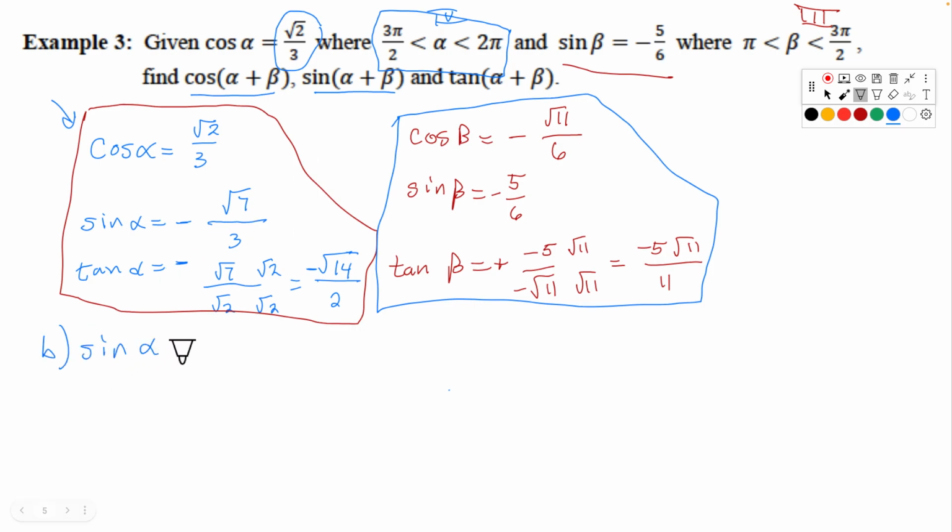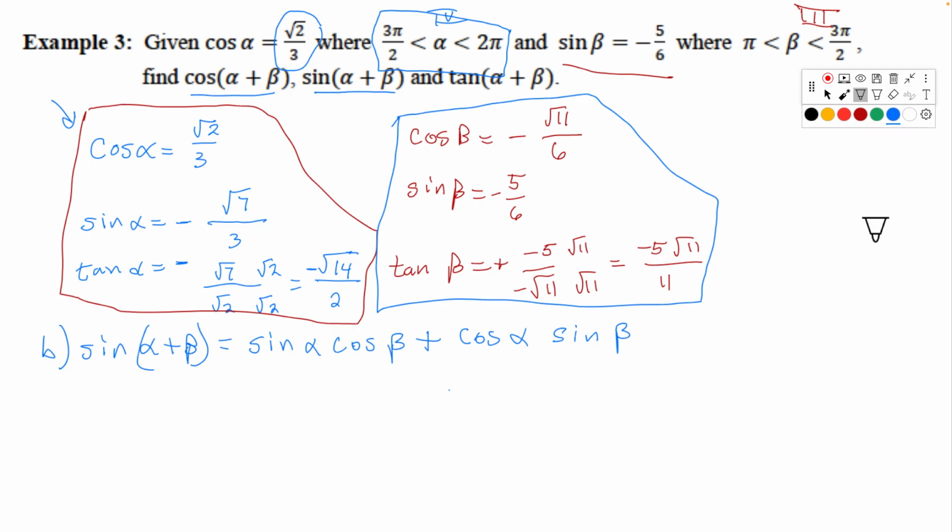sine of alpha plus beta, and sine is sine cosine, cosine sine. So it's sine of the first angle, cosine of the second angle, plus cosine of the first angle, sine of the second angle.